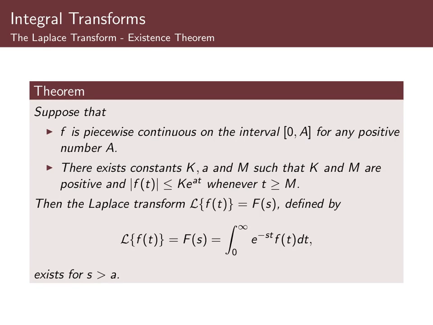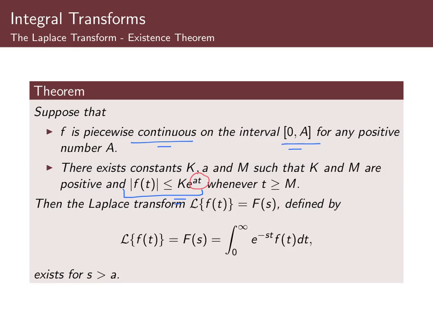And so one of the main concerns is to determine when a function has a Laplace transform. So suppose that f is piecewise continuous on the interval 0 to big A for any A, so any sort of positive interval there, f will be piecewise continuous over that interval, and then f is bounded above by some exponential function with coefficient a whenever t is large enough.